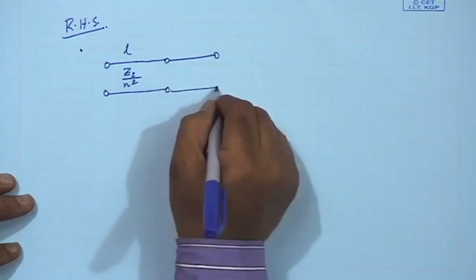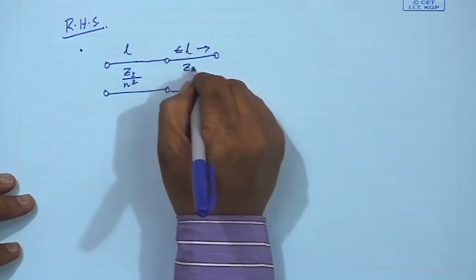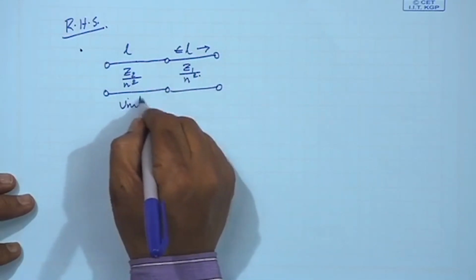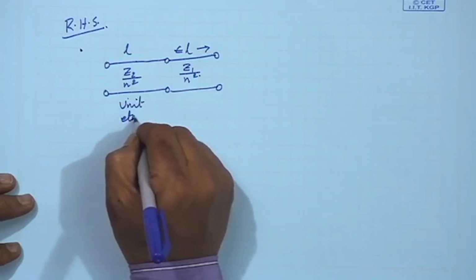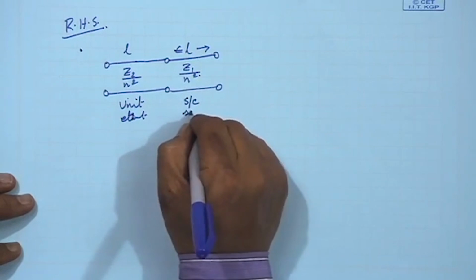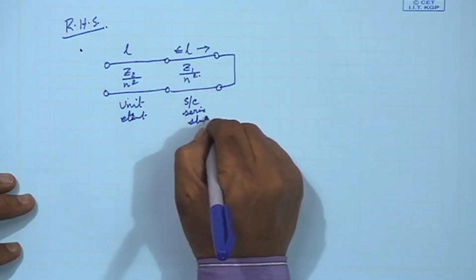Then just look at the figure, this is L and this is Z1 by n square. So, this is a unit element, and this is a short circuited series stub. So, I needed a series stub.